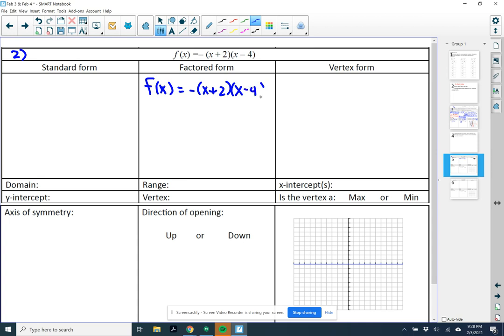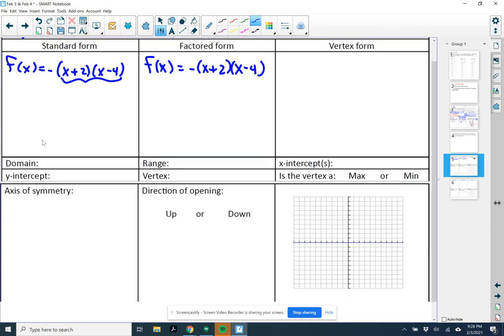To get the standard form, you're going to have to multiply this out. Okay? Remember we talked about this. You need to multiply out the factored form. I highly recommend that you start here and then distribute the negative. Okay? But I'm going to let you guys do that. And the rest of the pieces are pretty straightforward.